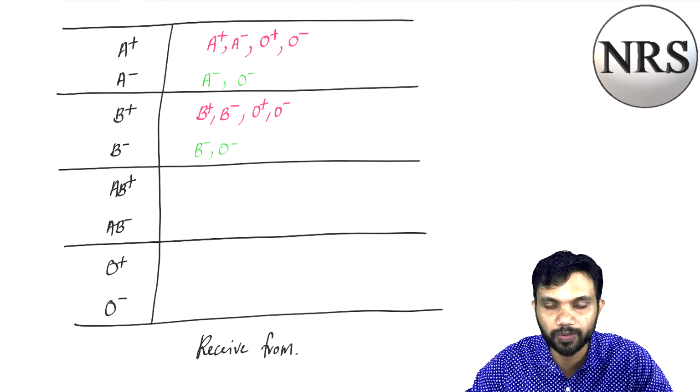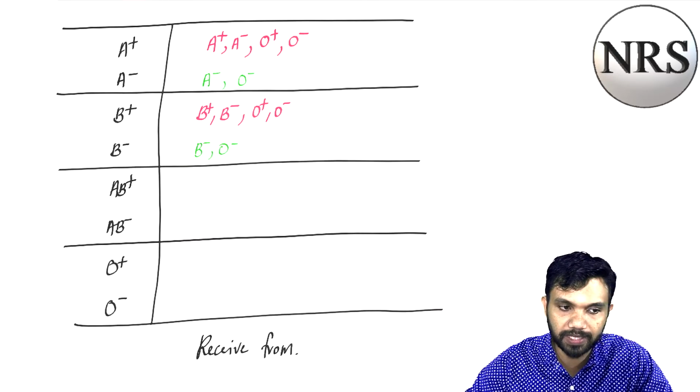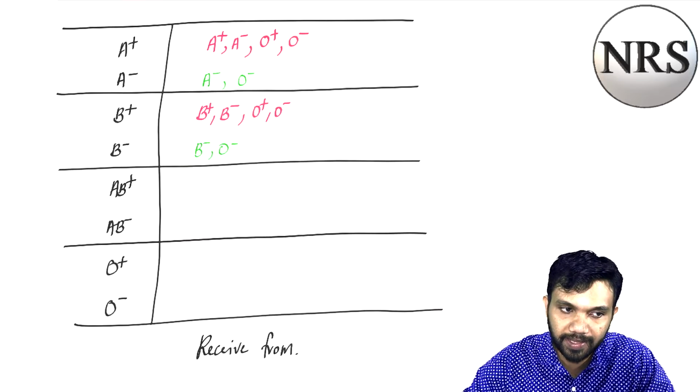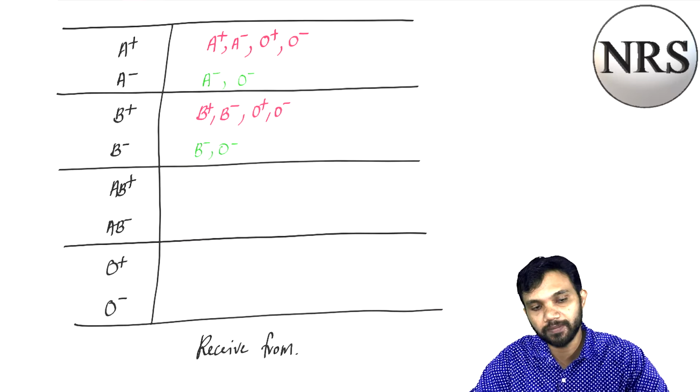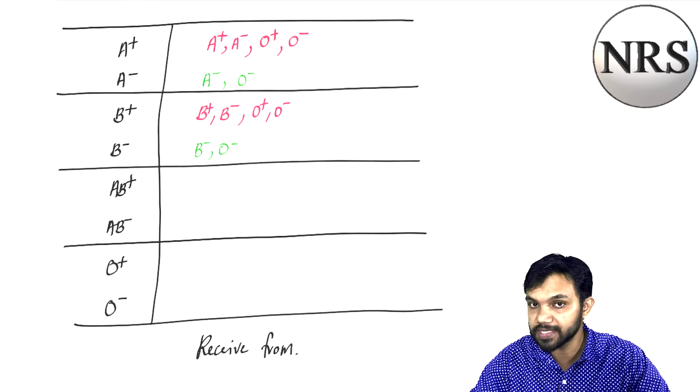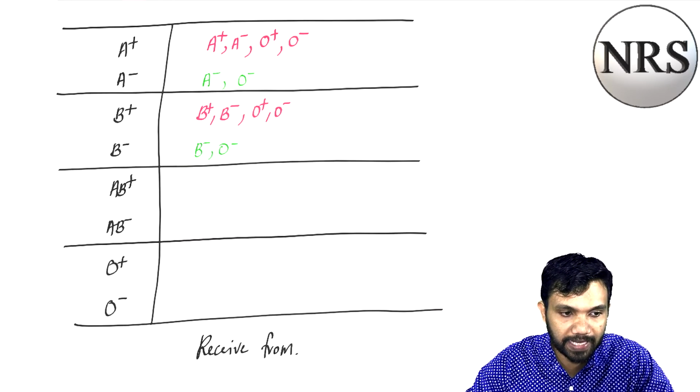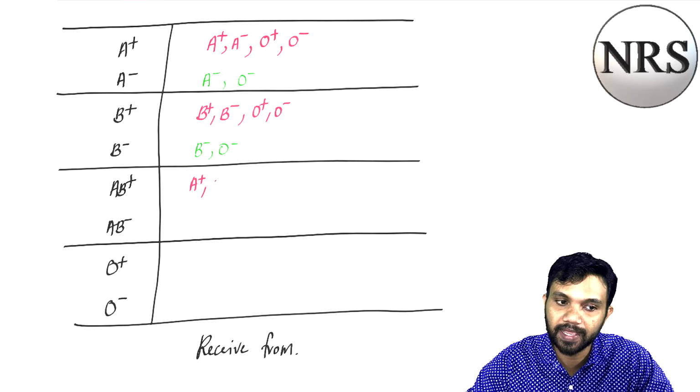The trickiest part is here now. You have to work it out with caution. AB, yes, they can receive from A, they can receive from B, they can receive from AB, they can also receive from O, right? So AB positive can receive from A positive, A negative, B positive, B negative, AB positive, AB negative.